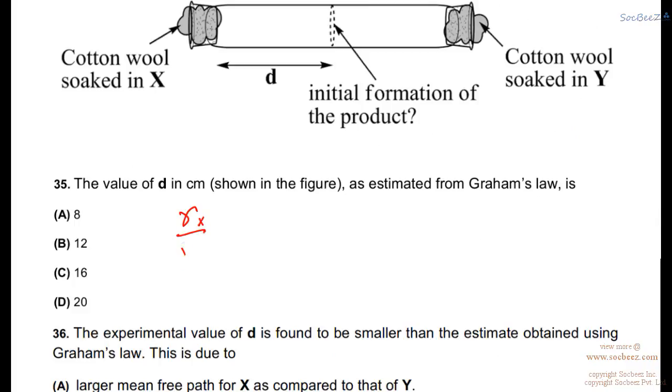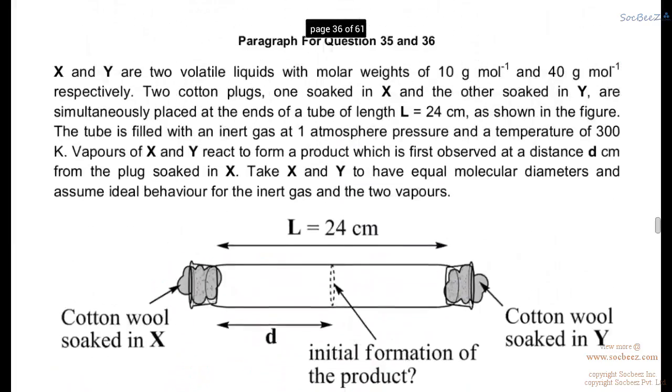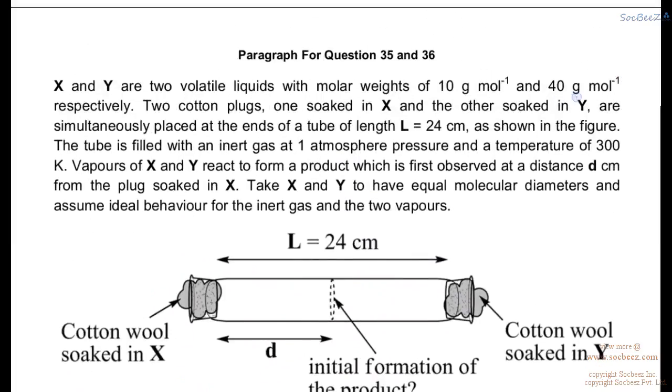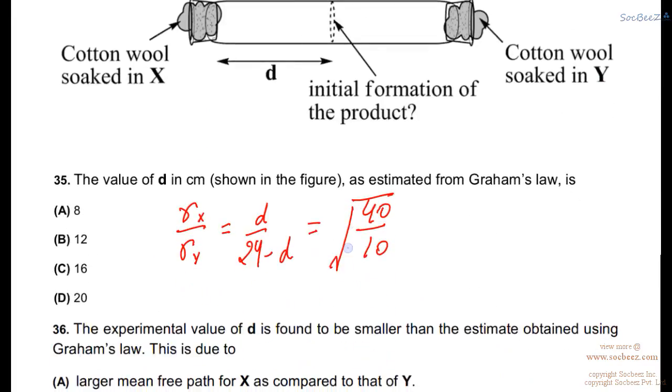According to Graham's law, Rx and Ry will be equal to d upon 24 minus d equal to under root 40 upon 10. We know that R1 upon R2 equals under root M2 upon M1. So here, since the molecular weight of Y is 40 gram per mole and that of X is 10 gram per mole, we'll use under root My upon Mx.